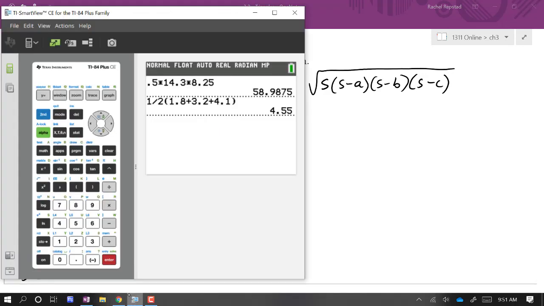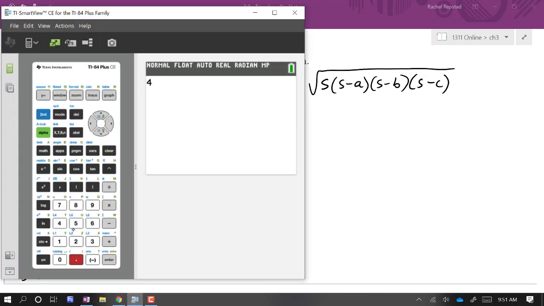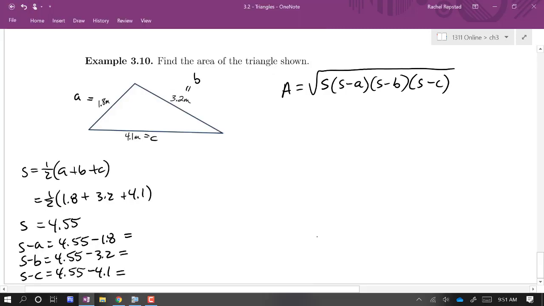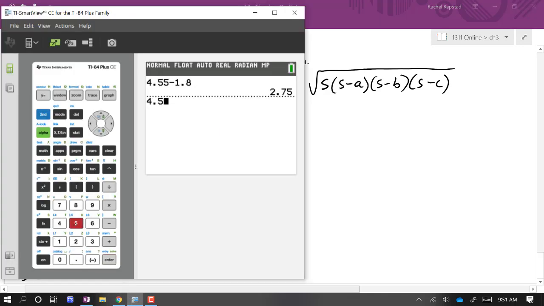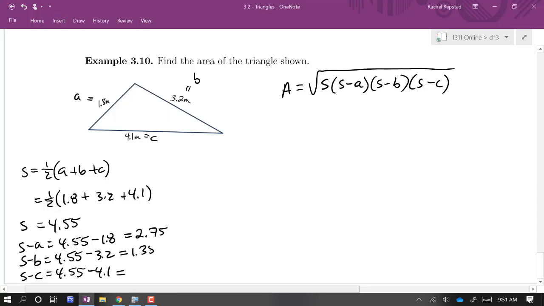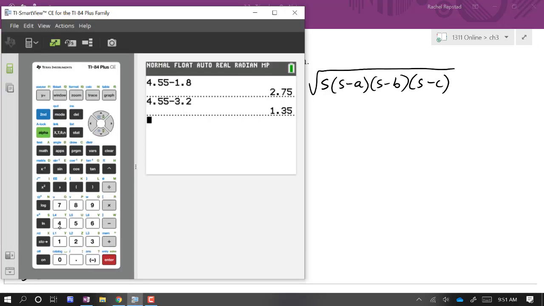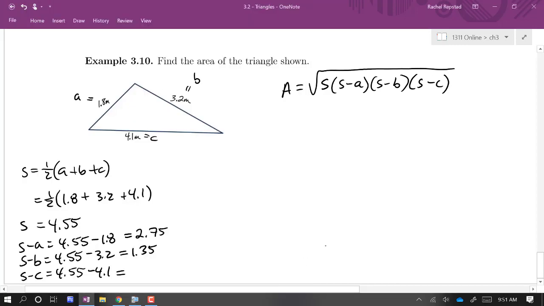So 4.55 minus 1.8, that's 2.75. 4.55 minus 3.2 is 1.35. And 4.55 minus 4.1, that's 0.45. Okay, so I have the rest of these.